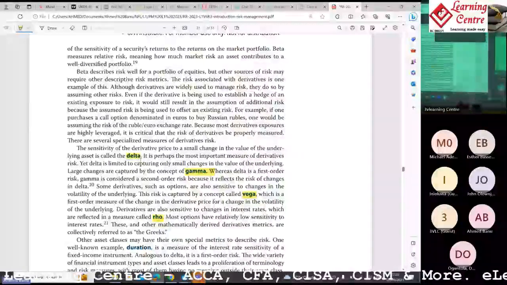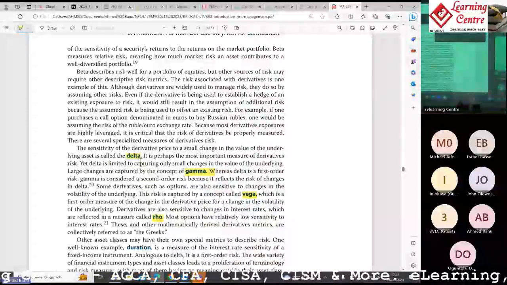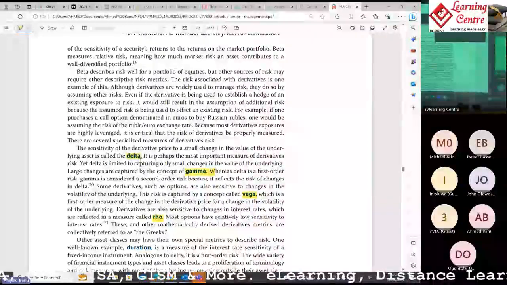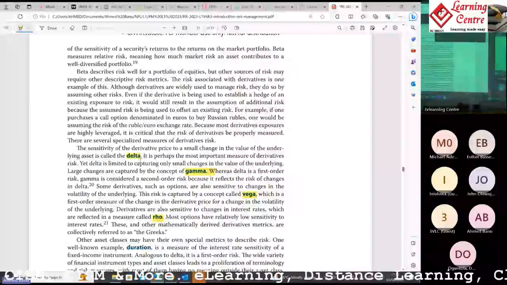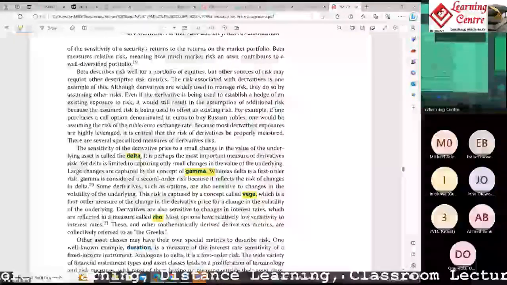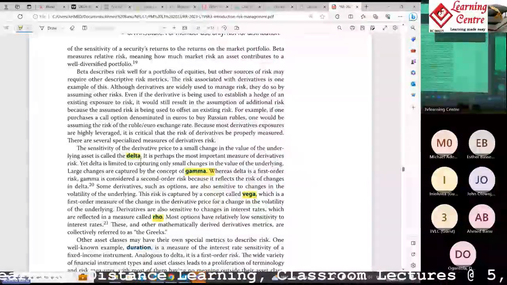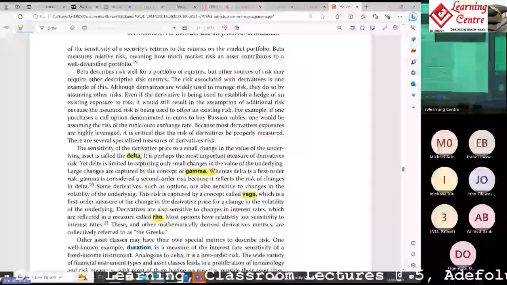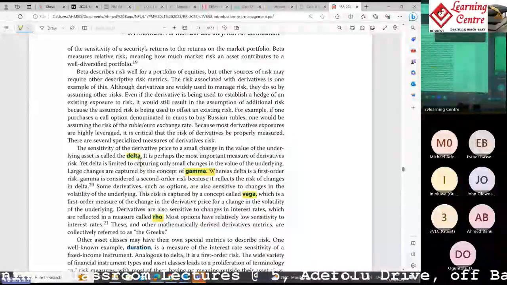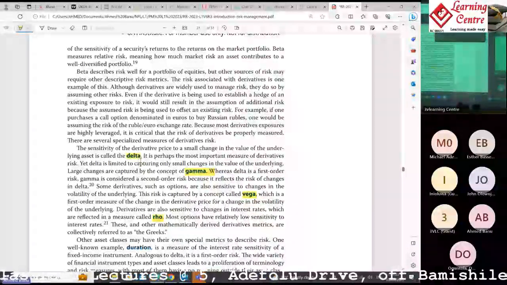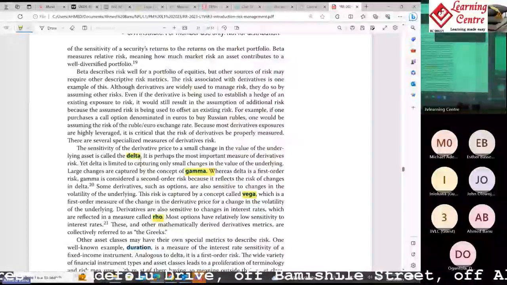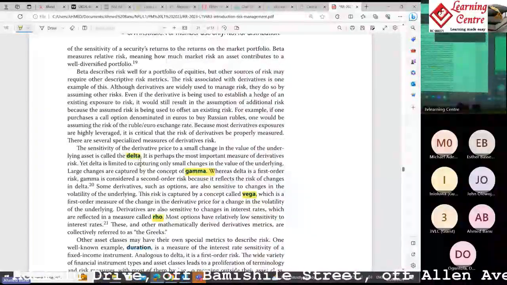So that's why it's called a derivative. It has an underlying asset. And when your option price is sensitive to the price of the underlying asset, what measures that sensitivity is called your delta. While the sensitivity of the delta to the underlying asset is called the gamma. Then the sensitivity of the option price to volatility is called vega. While the sensitivity of the option price to interest rate is called rho.